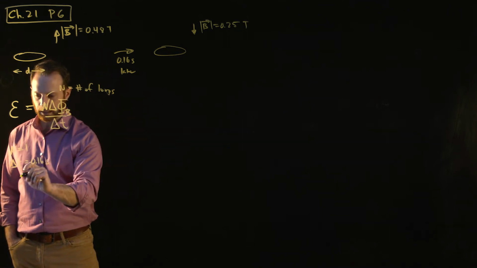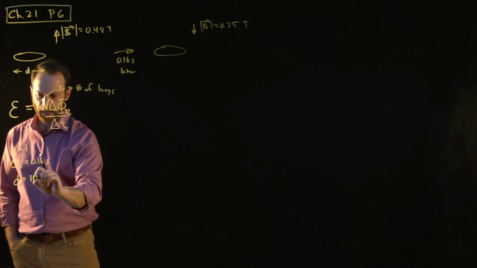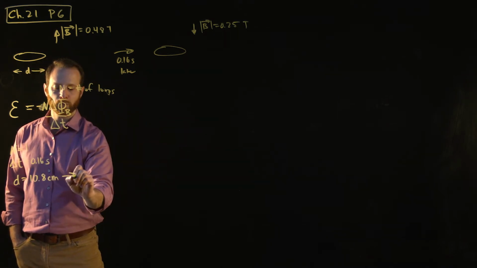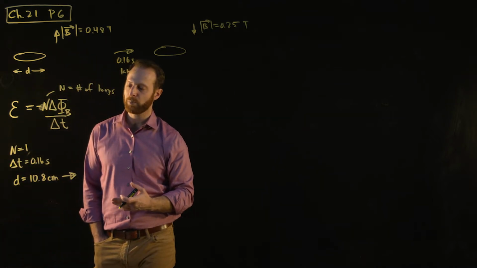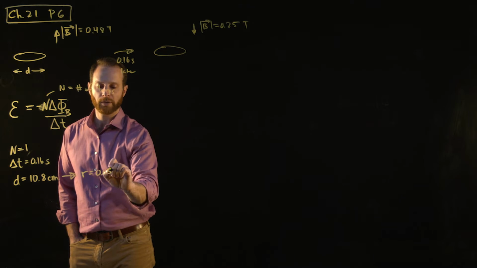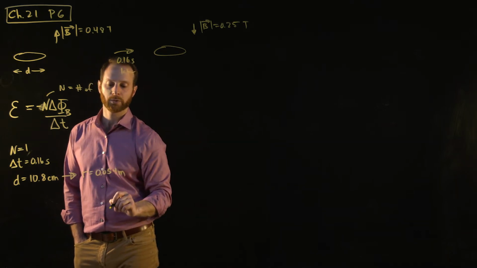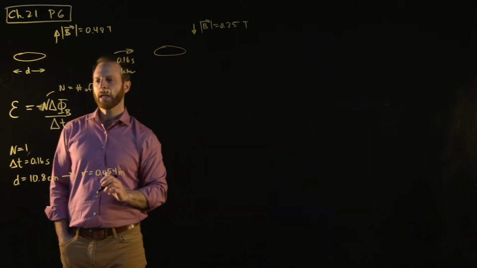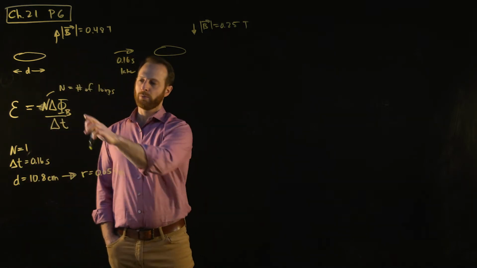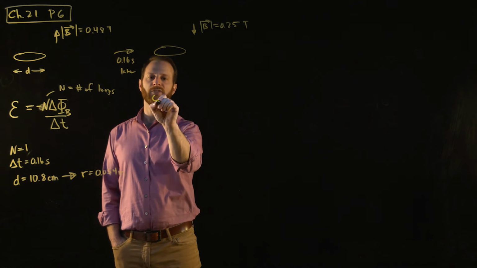They give us that little d, the diameter, is equal to 10.8 centimeters, which we might as well go ahead and write as the radius, which is half of that, or 5.4 centimeters, which is also 0.054 meters. Okay. It will be helpful for us to then figure out what the formula is for magnetic flux.